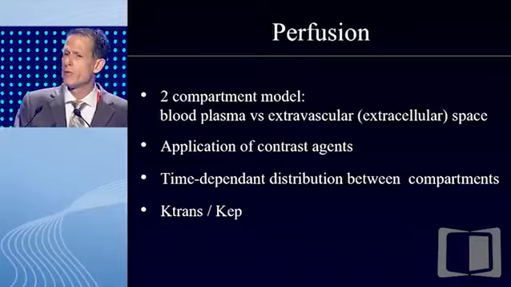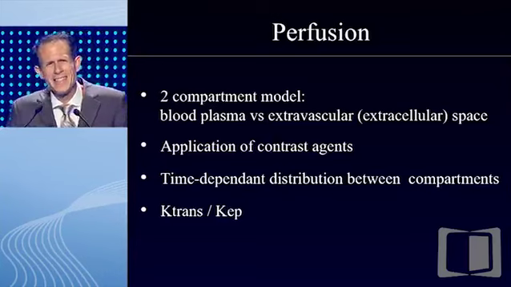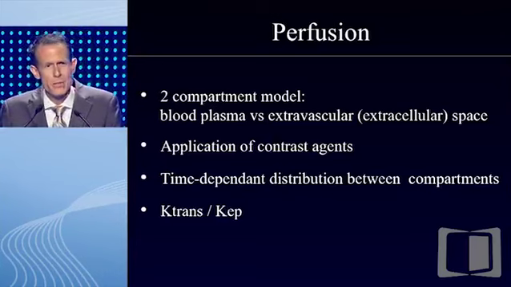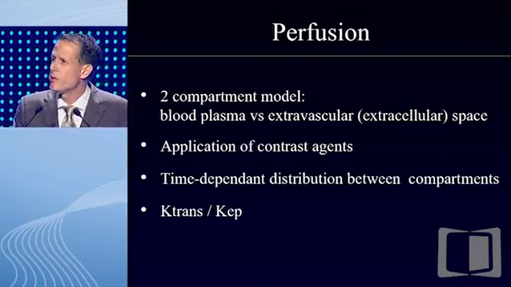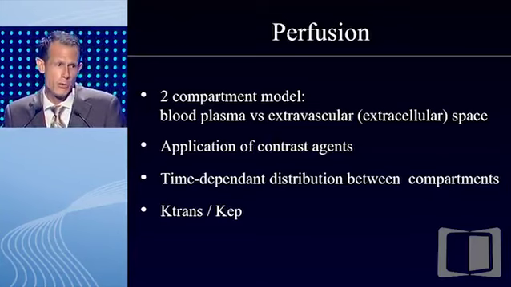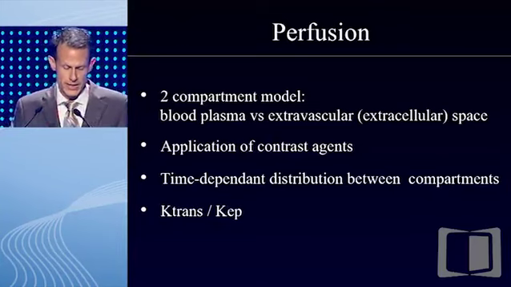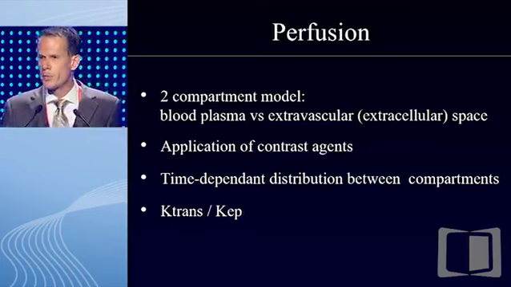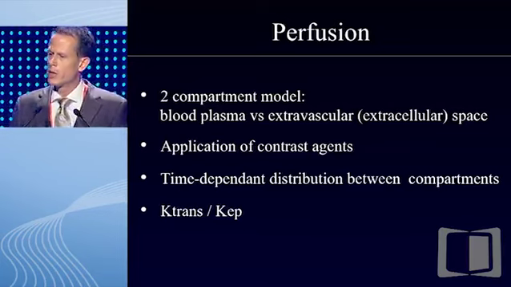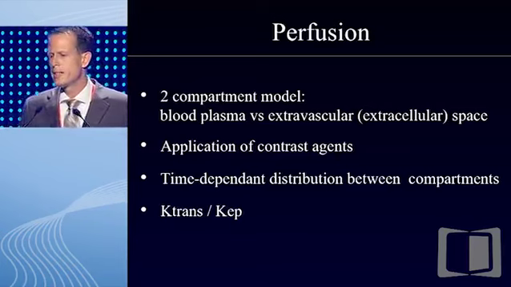There is a second method, and this is perfusion analysis. This is a little bit more complex and more sophisticated, so not every site will be able to provide perfusion analysis of cancer tissue. How does this work? We apply a contrast agent intravenously, and there is a theoretical two-compartment model, the blood plasma and the extravascular or extracellular space.